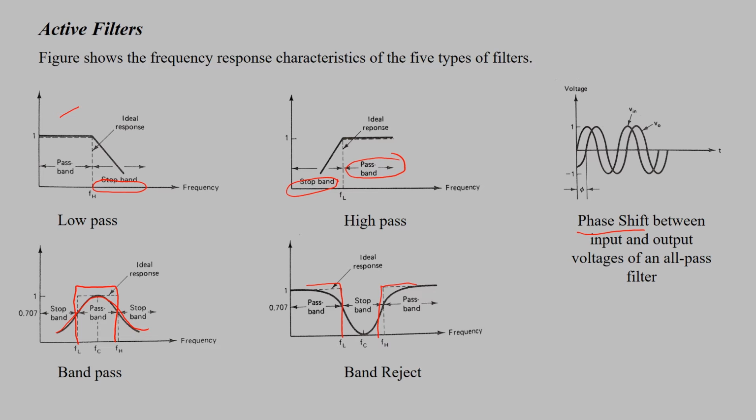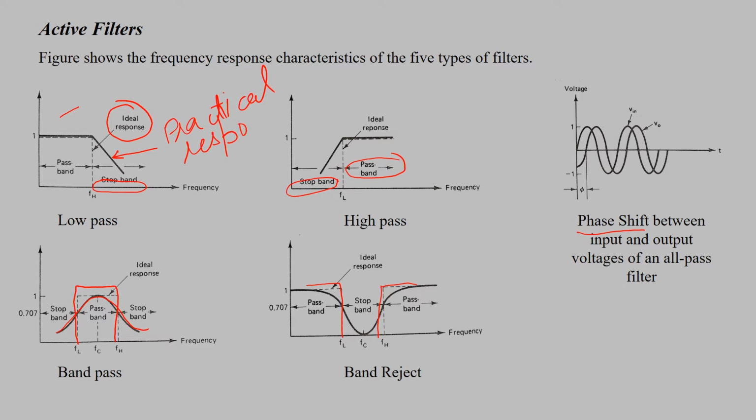Here you are seeing two types of responses. One is the dotted one, which is called the ideal response, and the other, the bold line, is the practical response of the filter.